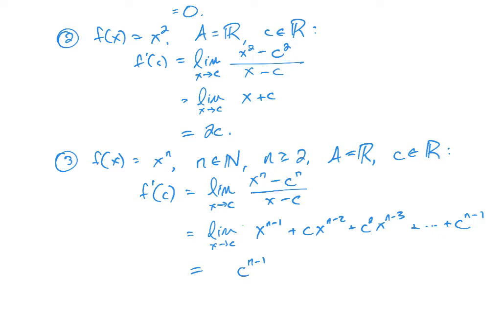And if we count by powers of c, we go 0, 1, 2, up to n minus 1. So that is n terms there that are all equal to c to the n minus 1. Okay. Any questions?